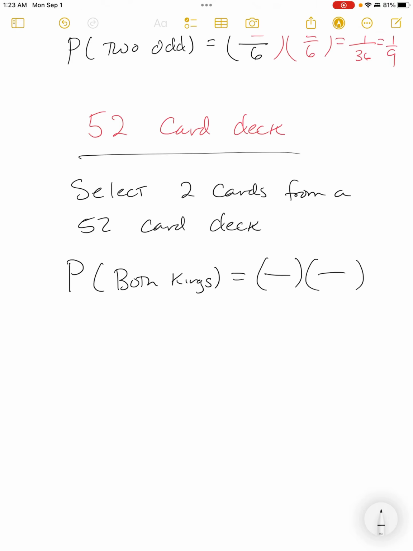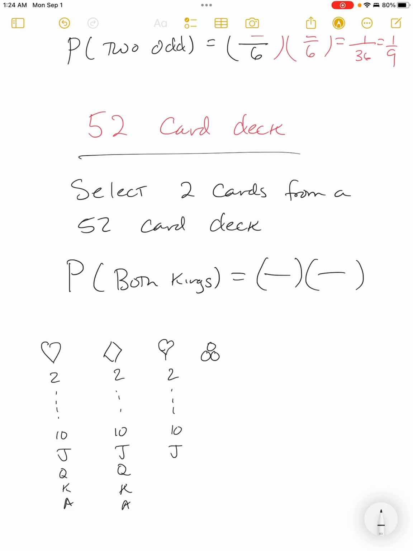So if we picture our 52 card deck that has the hearts, the diamonds, the spades, and the clubs. And in each one of those has 2 through 10 and the jack, queen, king, ace. 2 through 10, Jack, Queen, King, Ace, right? All these.